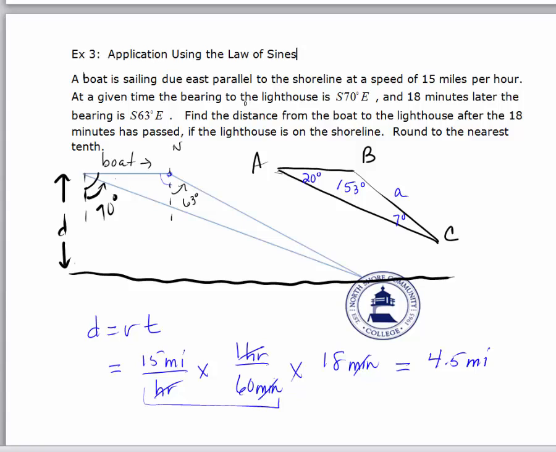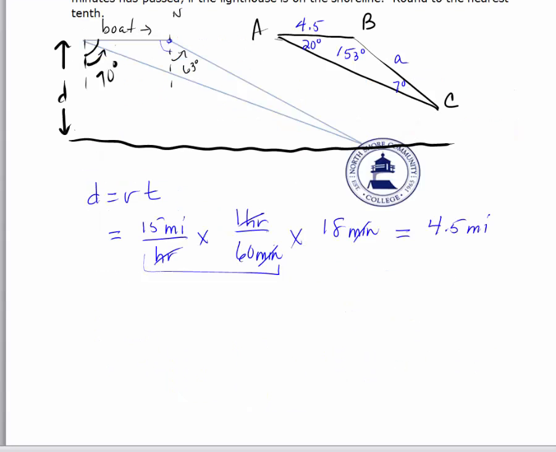Now I have enough information to solve for A using the law of sines. So I know that 4.5 over the sine of 7 degrees equals A over the sine of 20 degrees.